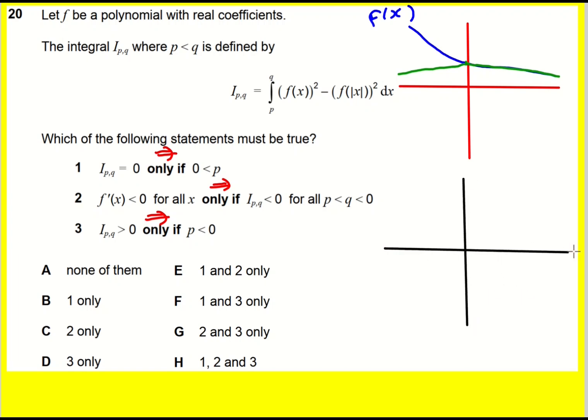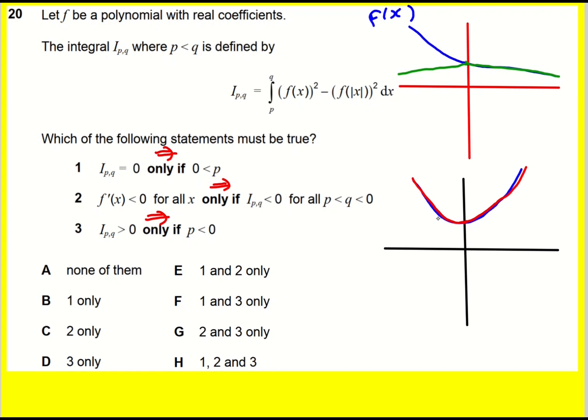Because what if, when we took the modulus of x and found the function of it, it was the same? I.e., what if we had an even function, something like this? Because in that scenario, when we reflect it, since it's already symmetrical about the y-axis, it's going to look like this. If we then square both, okay, it's going to get bigger or whatever.